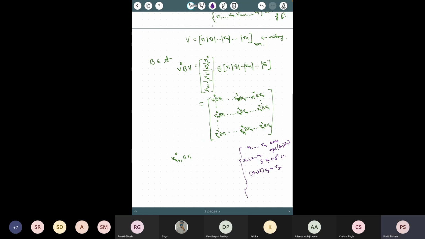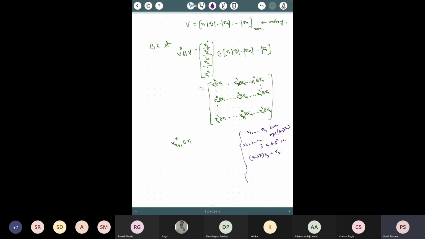Now, if you look at this thing here, if you write in place of it B V1, what would be B V1? V1 would be A minus lambda I times x1 for some x1, because V1 belongs to the range space, right?